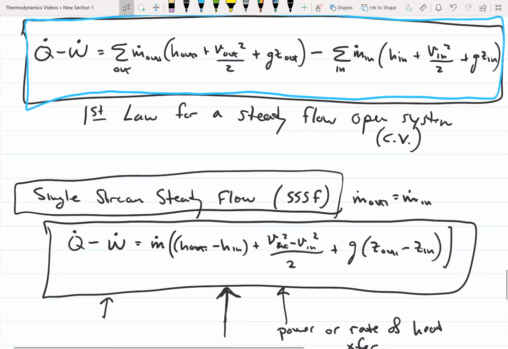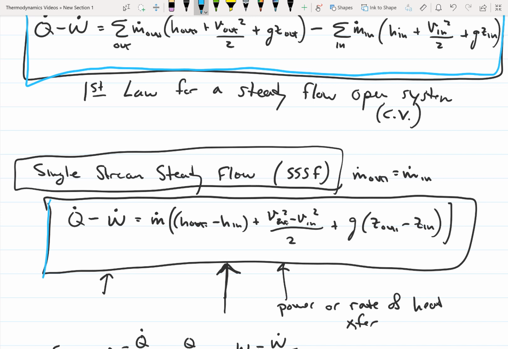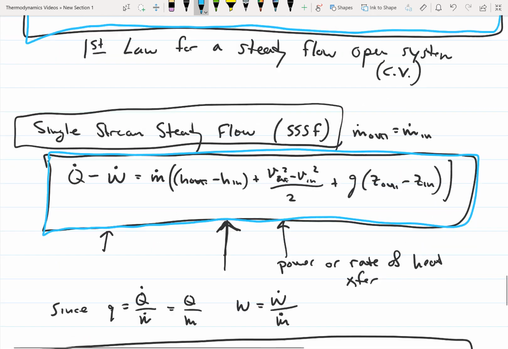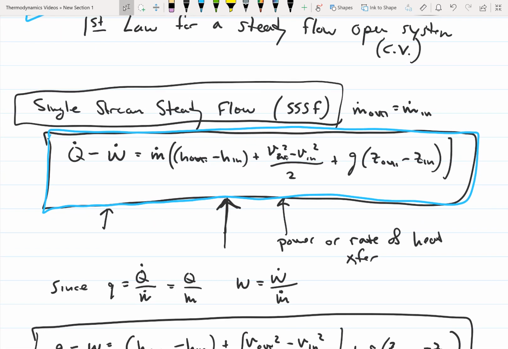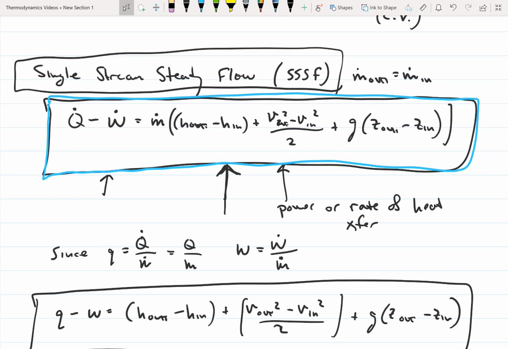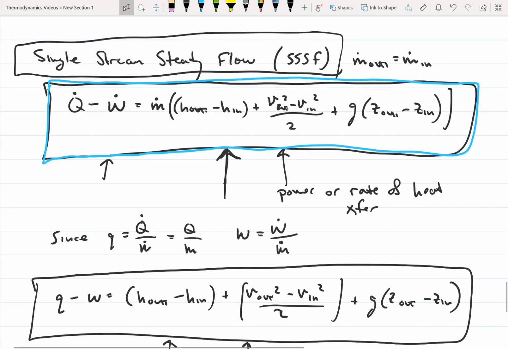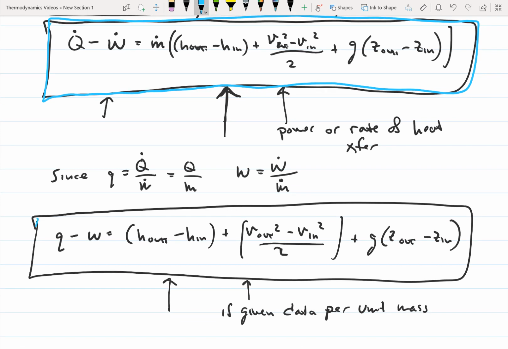And then we considered this for a single stream. So this is the steady state single stream flow equation, and this one is probably the most common form of the first law that you're going to use for an open system energy balance. If you were given, say, power or rate of heat transfer, you would use this equation. And then this equation is the same equation written on a per mass basis. So if you're given your data on a per mass basis, you would use this form of the equation.